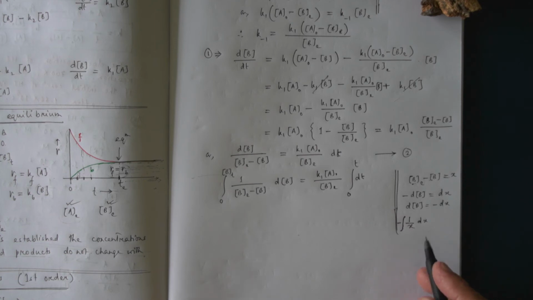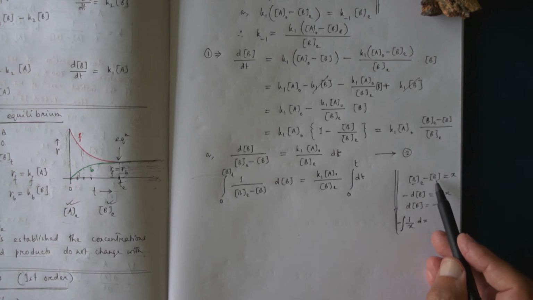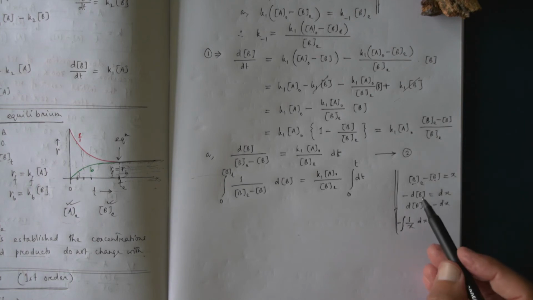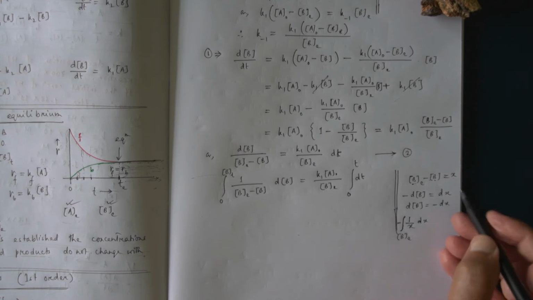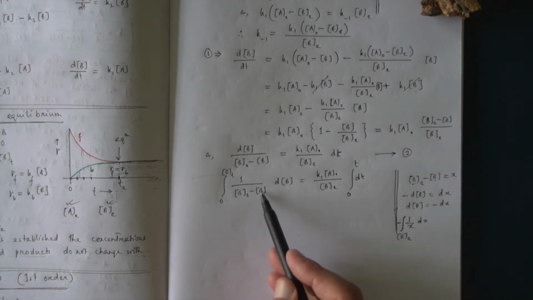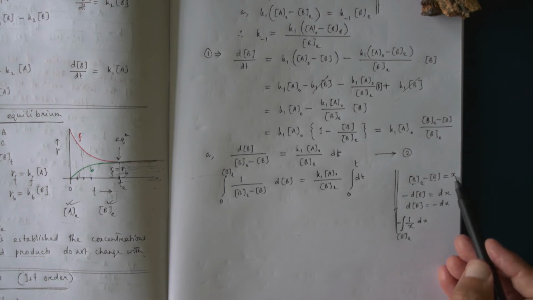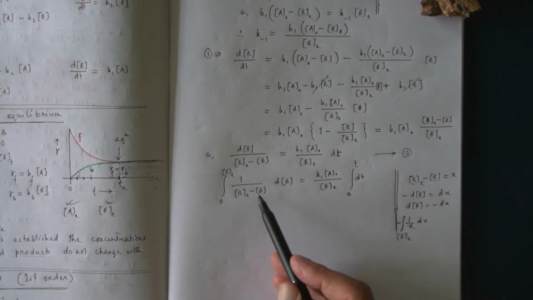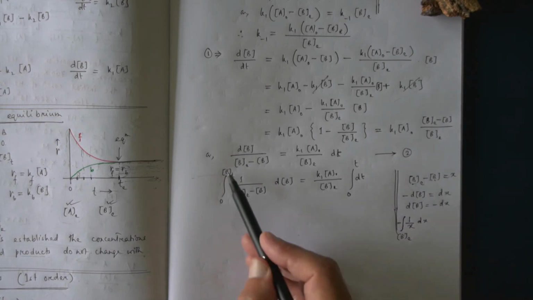Okay, and when b is 0, x will be equal to be. And when b equal to bt, x will be equal to be minus bt.